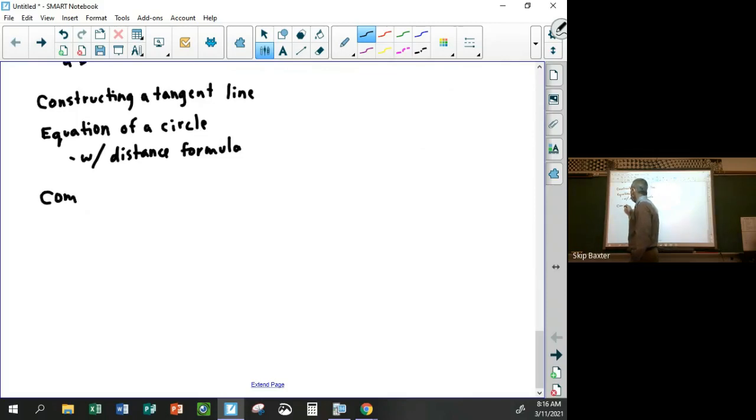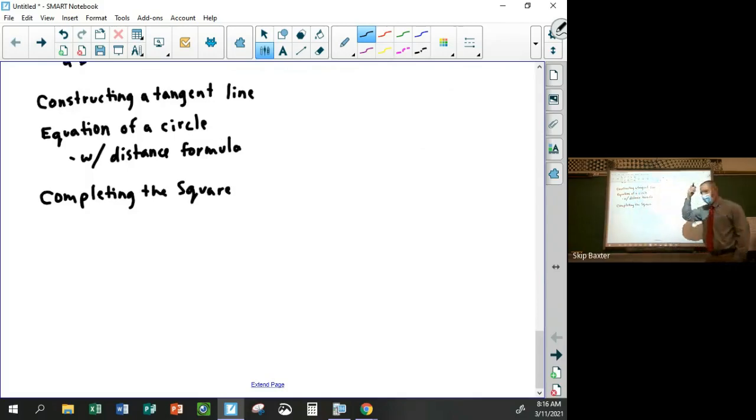Then completing the square, that's what we did Tuesday. So that's just generally knowing what the process is, like what's the number you have to add to both sides. It's half the coefficient of x. That's the number you're adding to both sides. And then today, more equations of circles.